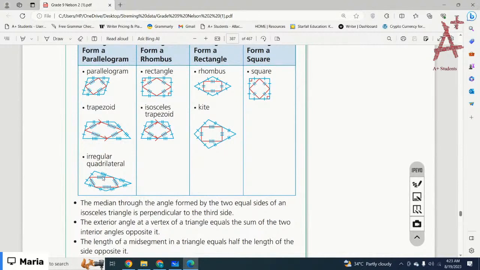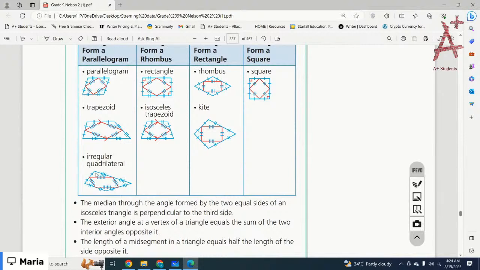You have to make a quadrilateral. Here is the quadrilateral. That would be a square, isn't it? So you can try to draw a quadrilateral around an already formed square, right? If you already have a square, you're going to make a quadrilateral around the square.